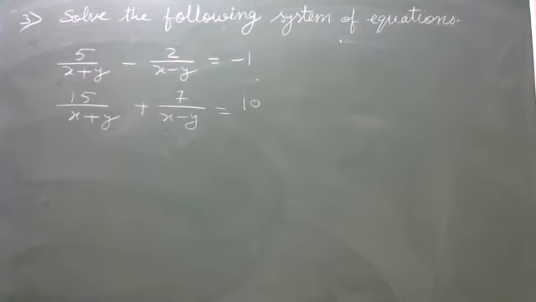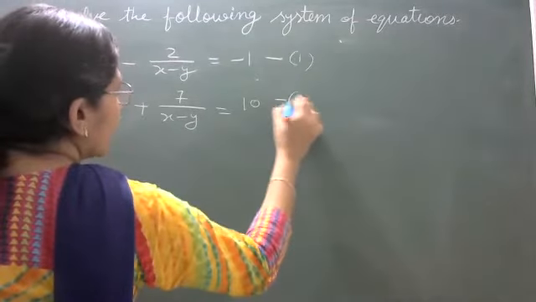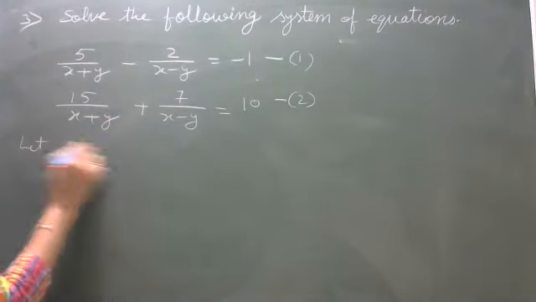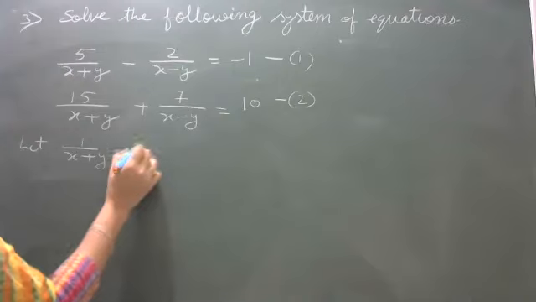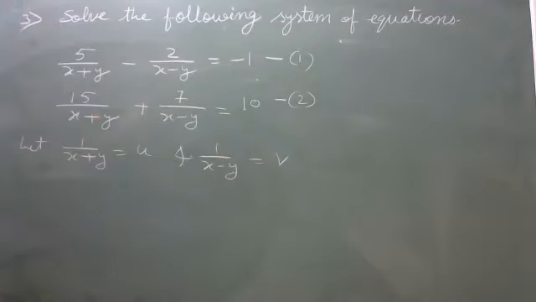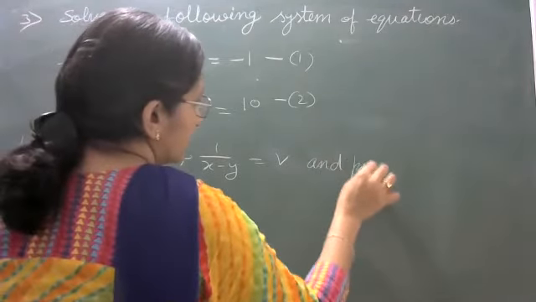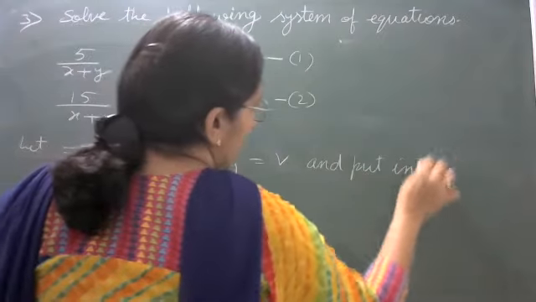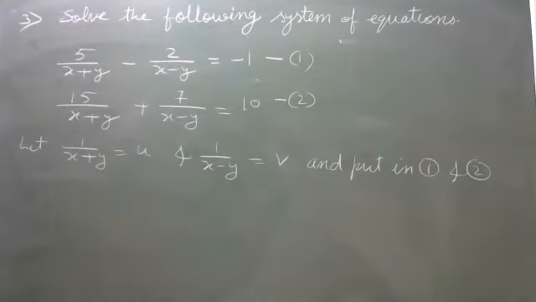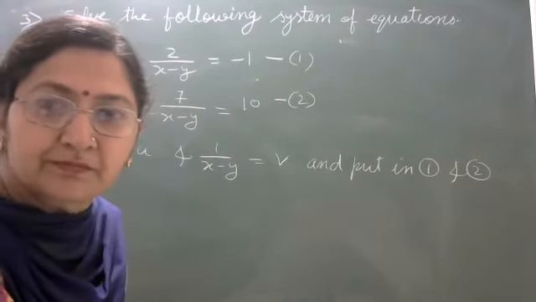हम क्या करेंगे, सबसे पहले इनको सॉल्व करने के लिए क्वेश्चन नंबर 1 और क्वेश्चन नंबर 2. So let 1 over x plus y is equal to u and 1 over x minus y is equal to v, and put in equation 1 and 2. तो आपके पास इक्वेशंस क्या रहेंगी, दोनों इक्वेशंस में इसकी वैल्यू डाल दो.